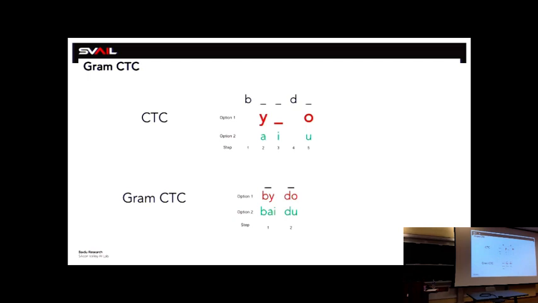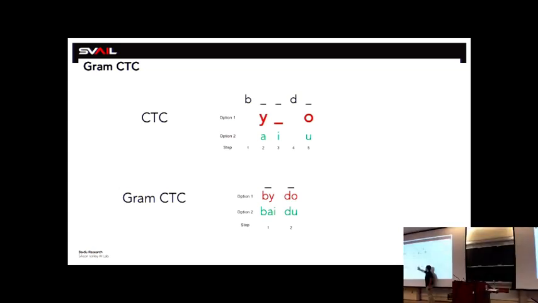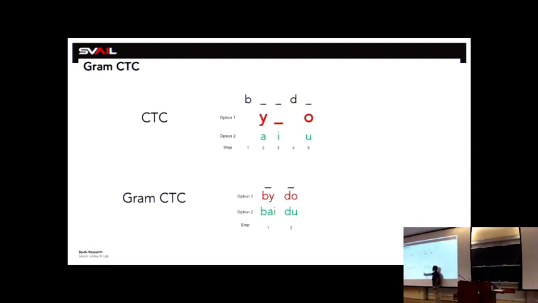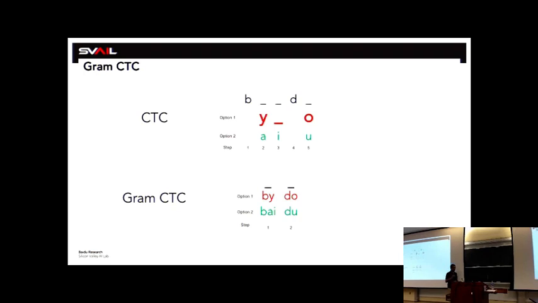So, for example, if we were to do speech recognition instead of with characters, if we do it with word pieces, where we predict BY and BAI at the same time step, and DO and DU at the same time step, this problem isn't too problematic.